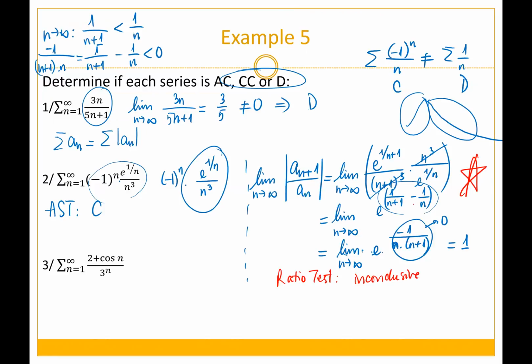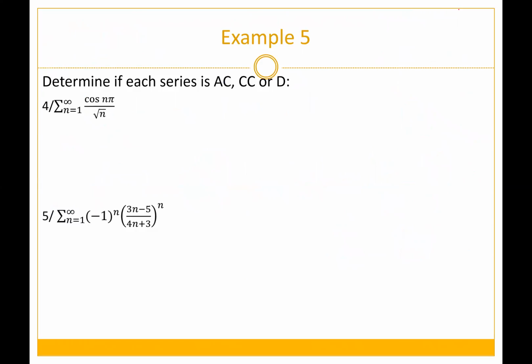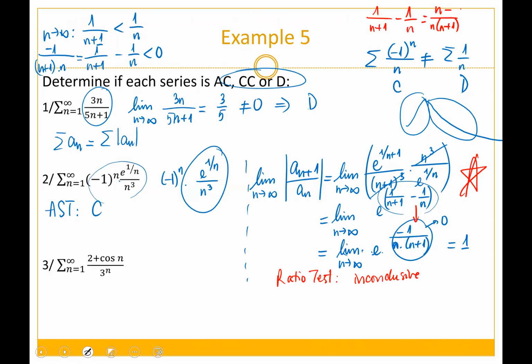What I did from here to here is basically I just replaced 1 over n plus 1 minus 1 over n, because this is going to be n over n multiplied by n plus 1 minus n plus 1, which is going to give us negative 1 over n multiplied by n plus 1.